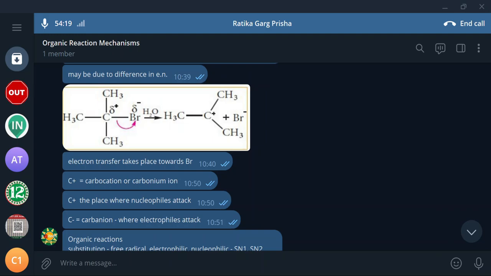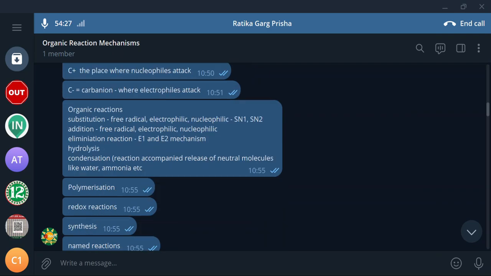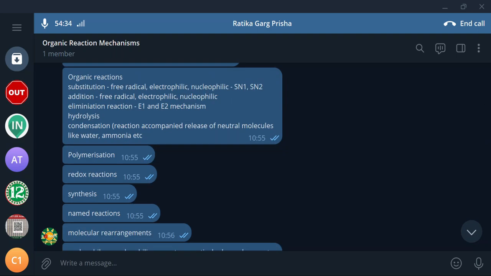And what is the other name for carbocation? Carbonium ion. Very good. And what are the two types of elimination reaction mechanisms? E1 and E2.